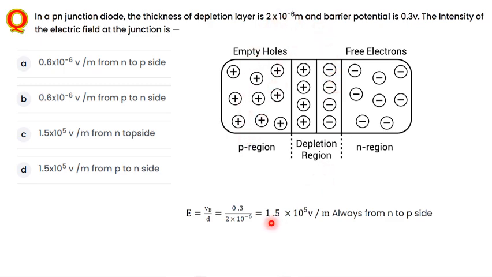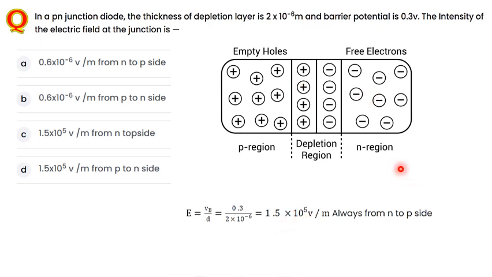But here the intensity of electric field is large when compared to the barrier potential. So the electrons start to move towards the barrier region, and the depletion region, which has a lower potential, decreases as electrons cross over. So the value here is 1.5 into 10 to the power 5 volt per meter.